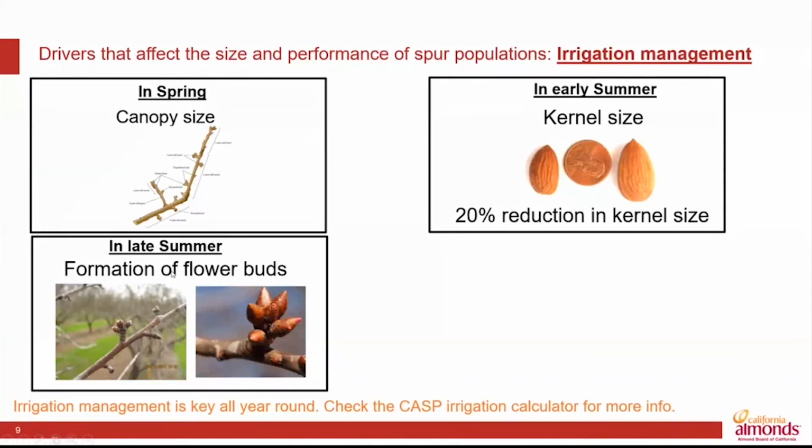And we have seen that during this process, the formation and the number of those flowers that are formed is connected to your irrigation management as well. And remember, I said one thing: I said the game is a mix of numbers, but also quality.